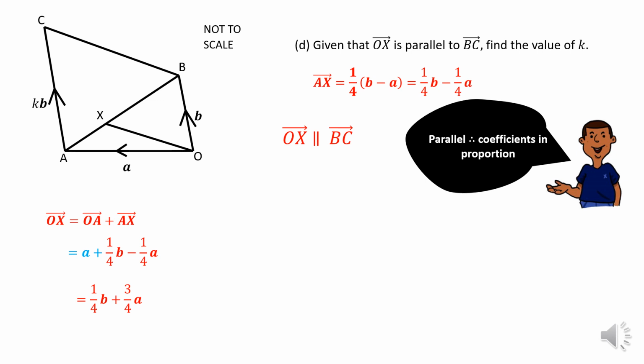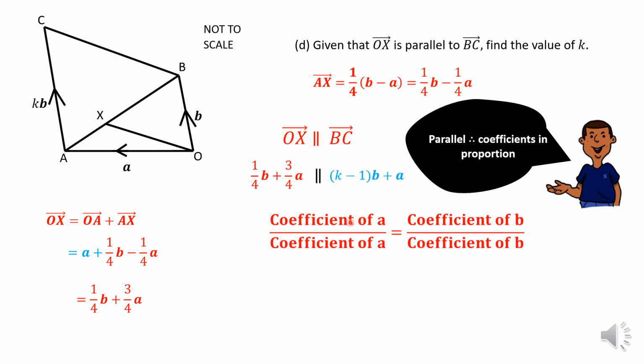The way we do that is, let me bring in OX and BC when we say they are parallel. I take the coefficient of A, divide by the other coefficient of A, and let it equal the coefficient of B over the other coefficient of B. So the coefficient of A here is 3/4 over this one here, and it's equal to 1/4 over the coefficient here, which is K minus 1.